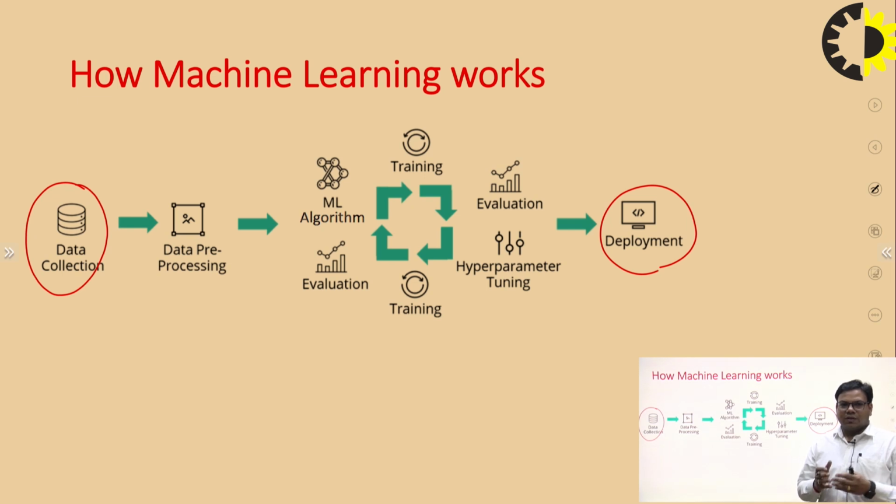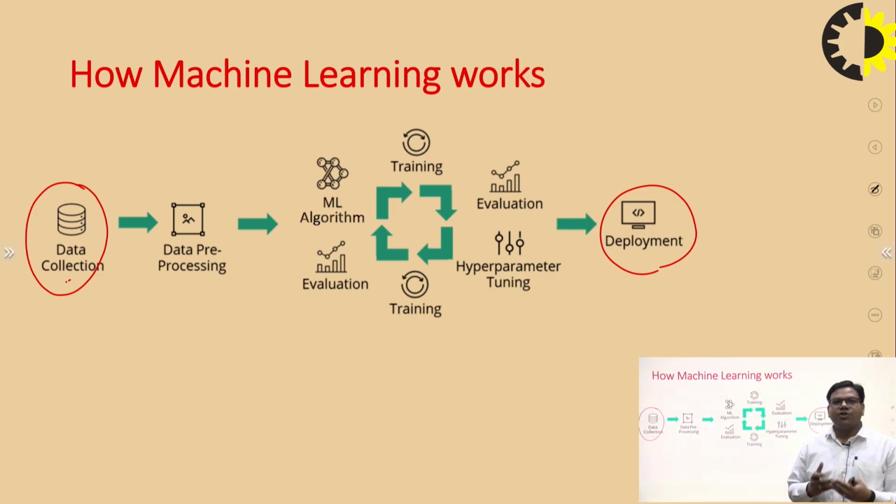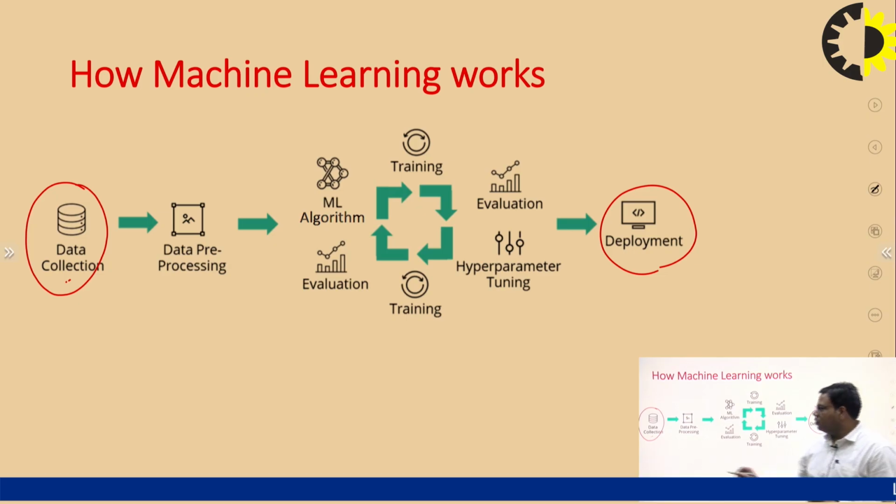So for that, we need to collect task-oriented data. If the data or the experience data is not task relevant, then your model is not going to make good predictions or good outcomes. So it is very important to make this data collection very task oriented.